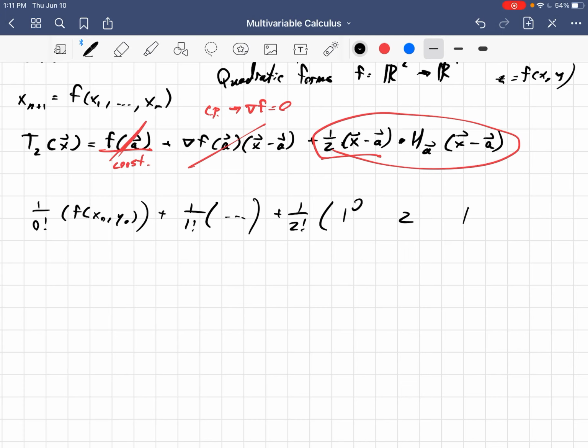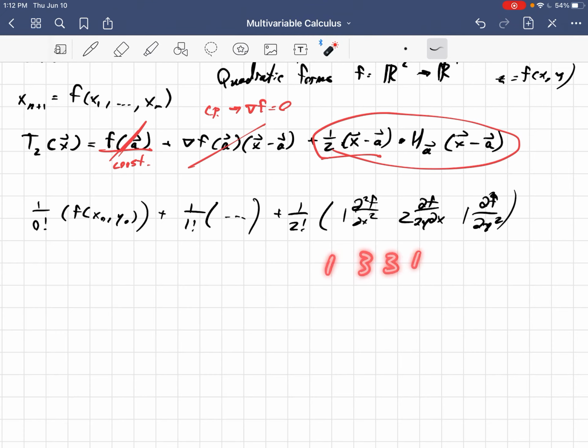This happened to be the second partial of f with respect to x, and then this the partial of f with respect to y and then with respect to x, and the partial of f with respect to y twice. We got some other stuff, but loosely speaking, you see that Pascal's triangle shows up in the quadratic approximation. And if we were to continue, we'd end up getting 1, 3, 3, 1.